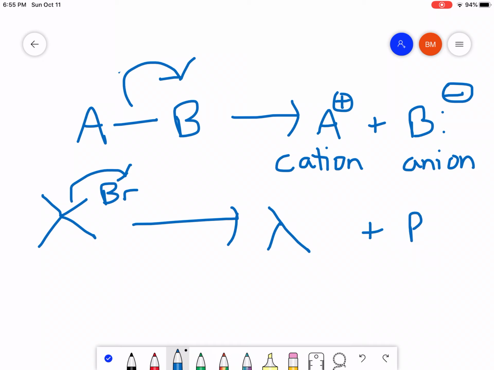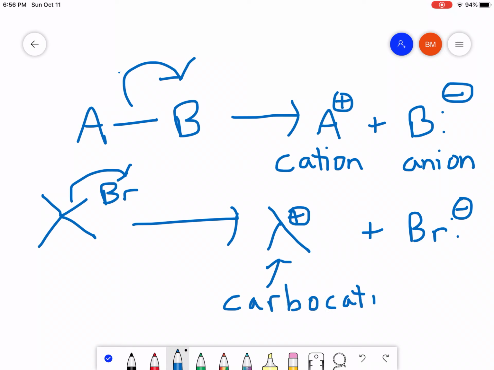So it gives you a Br minus, and it also leaves this carbon right here positively charged. A positively charged carbon is not just a cation, but it is a carbocation. And we will be talking about carbocations much more than you would ever want to know starting next chapter. So it's a good time to get that terminology into your brain.